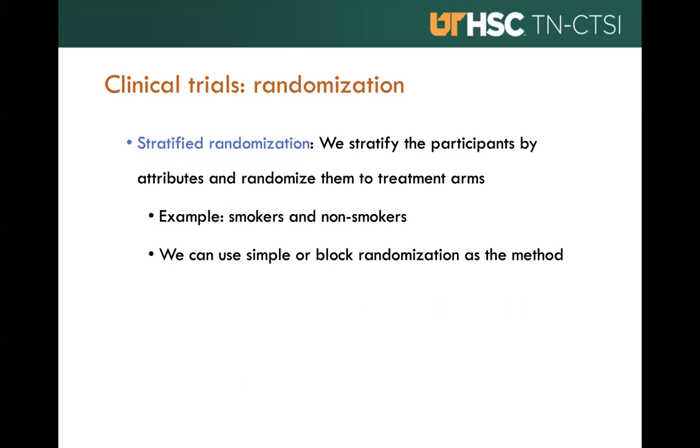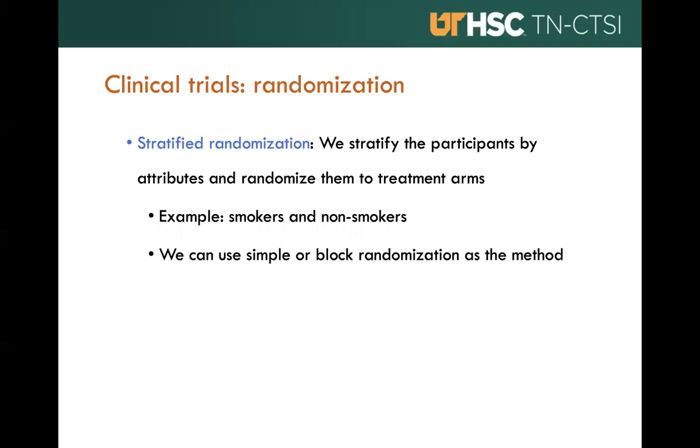The third one is stratified randomization. In stratified randomization, we divide the participants by certain attributes and randomize them to treatment arms. So for example, we can classify participants by gender into male and female. And among females, we randomize them to a treatment and a control arm.